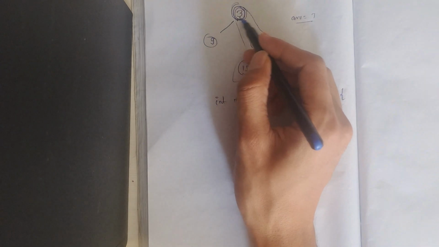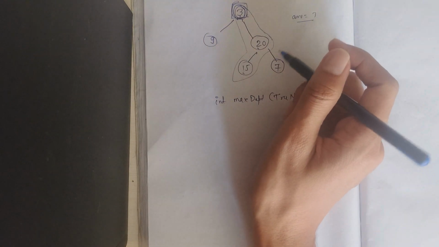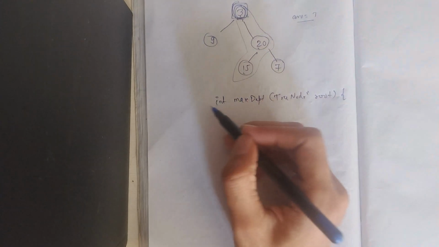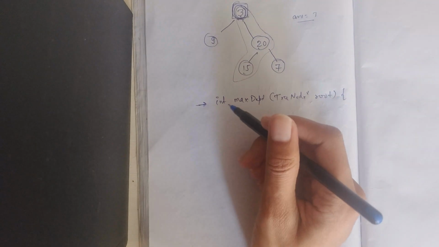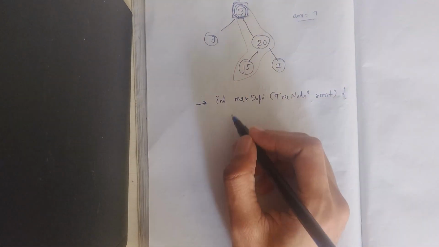Suppose we are at the root position. We assume that all the work will be done by calling this function itself for left and right.